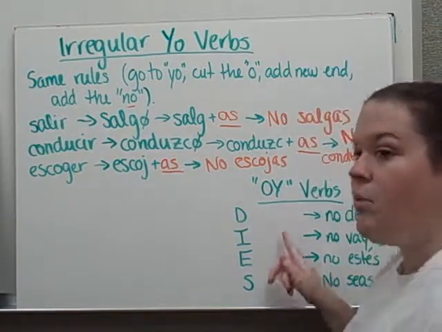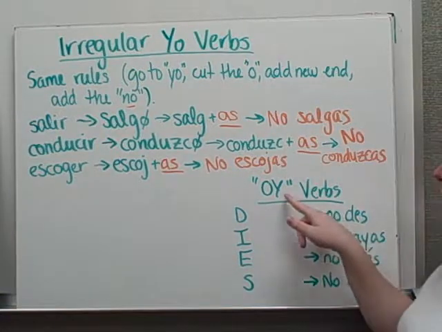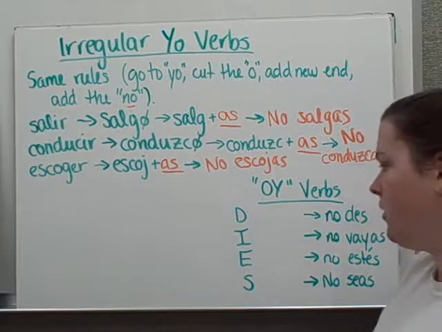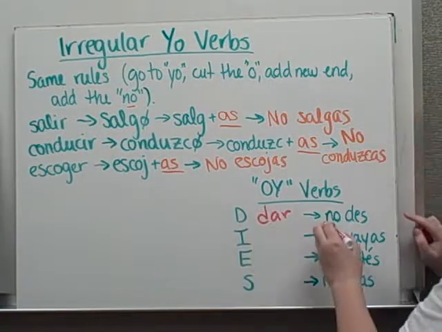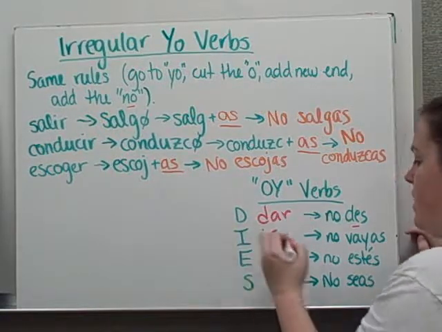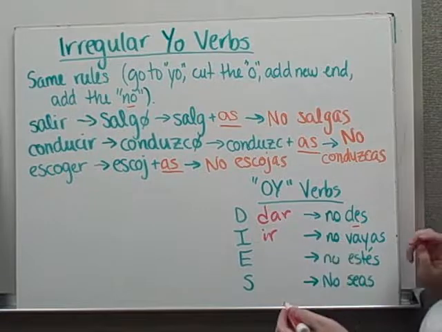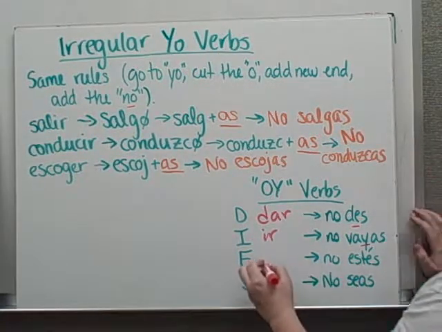A couple more irregular verbs for you are the oi verbs. So verbs that in the yo form end in oi instead of just a regular o. So the D is for dar, no des instead of no das. I is for ir. Instead of no vas, it's no vayas. It's a little irregular. Estar.